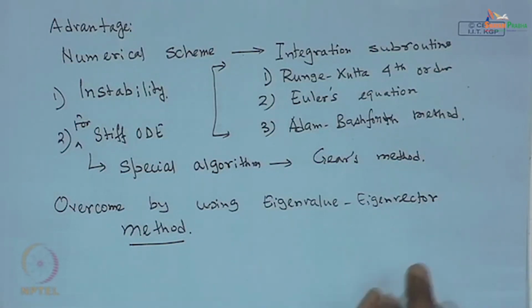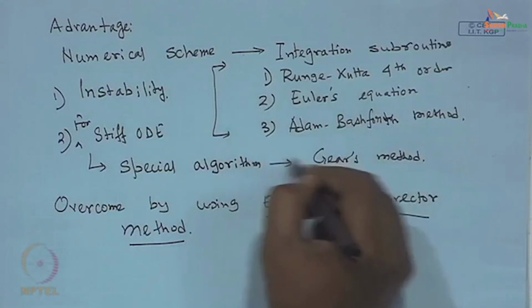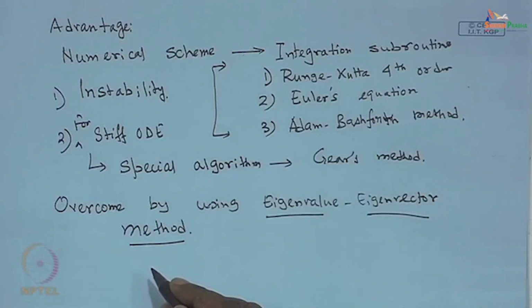So, using four such basic subroutines, one can utilize the eigenvalue eigenvector method to solve complicated problems of linear ordinary differential equations in chemical engineering, and can do away with the complications or shortcomings of numerical integration.